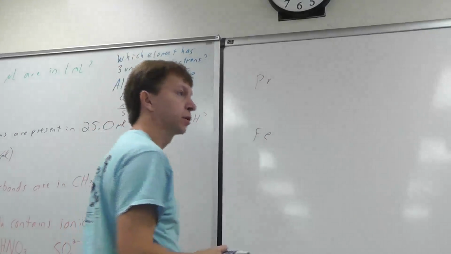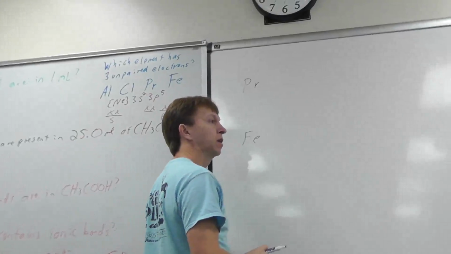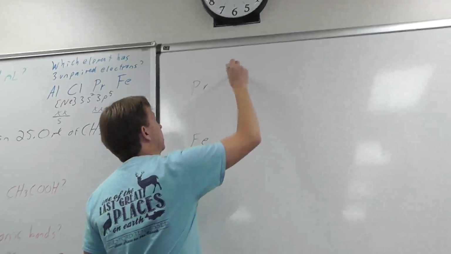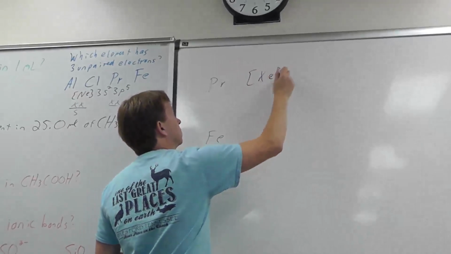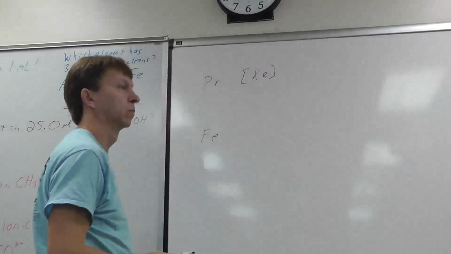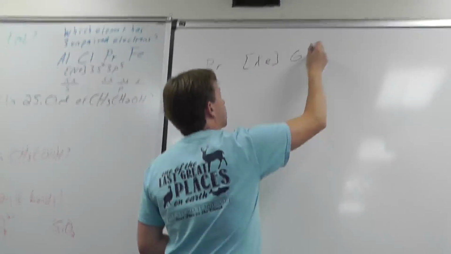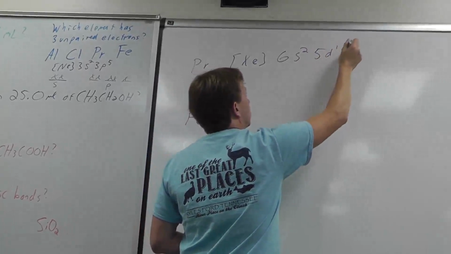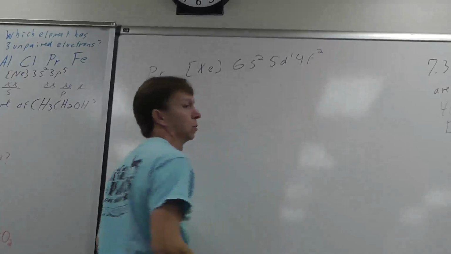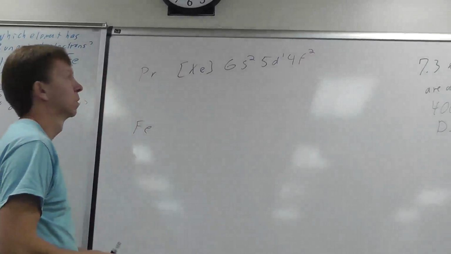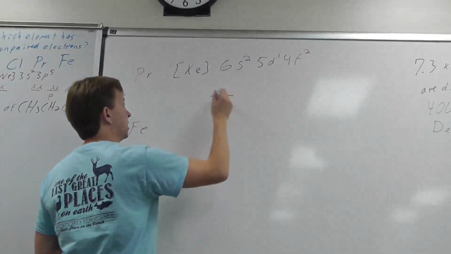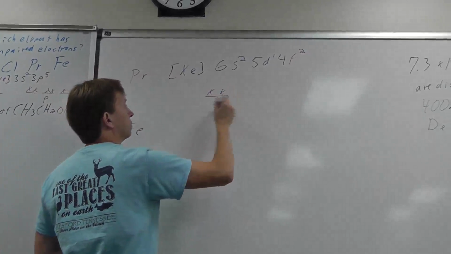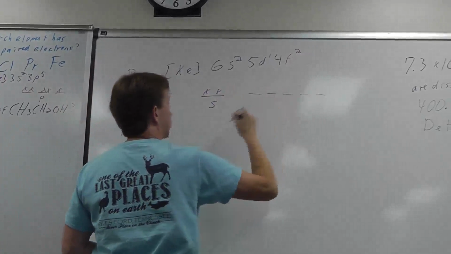Praseodymium, this is element 59, so we're looking at a xenon core 6s2 5d1 4f2. This is the s. This is the d.